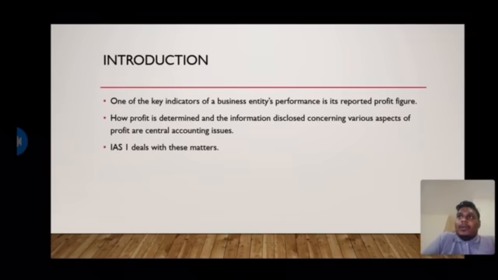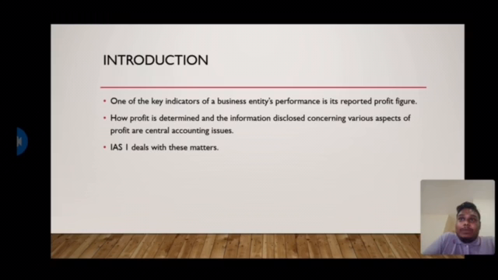So, the key indicator of a business entity's financial performance is its reported profit or loss figure. Therefore, how profit is determined and the information that is disclosed concerning the determination of profit or loss are central accounting issues.